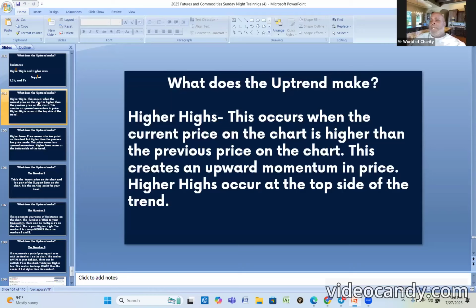This occurs when the current price on the chart is higher than the previous price on the chart. That's how you get that higher high. Higher highs occur on the top side of the trend, not on the bottom. When we have that trend line, we see those higher highs. That's going to be on the top side of the trend, not on the bottom.